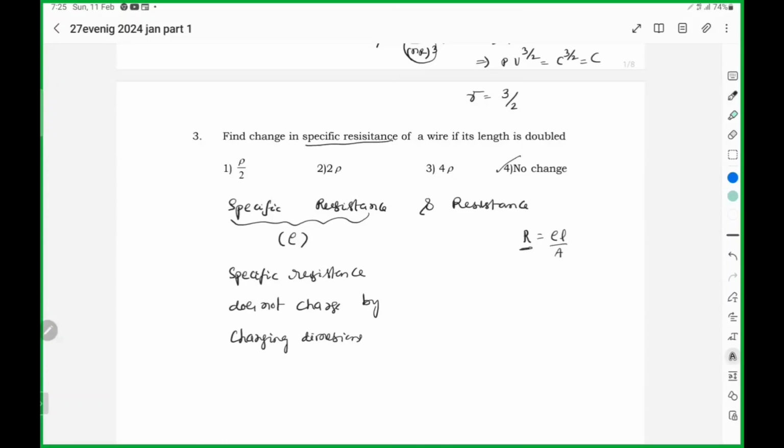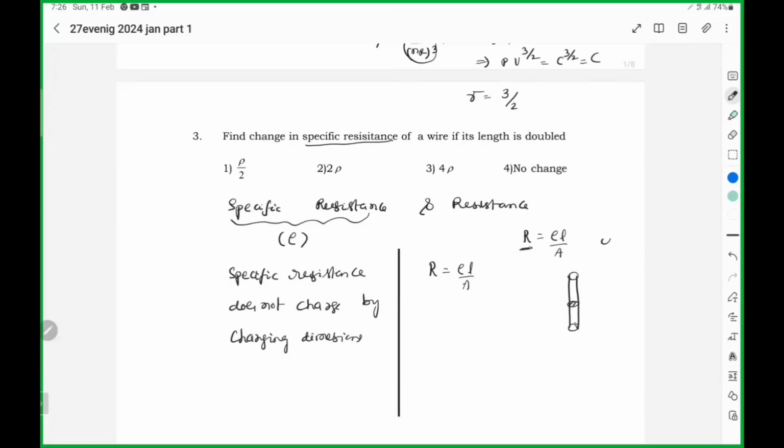But there is a possibility of confusion here. Suppose we ask how resistance changes, although it is not in the question, still I am explaining. A wire is generally of cylindrical format. So here this is the cross section.